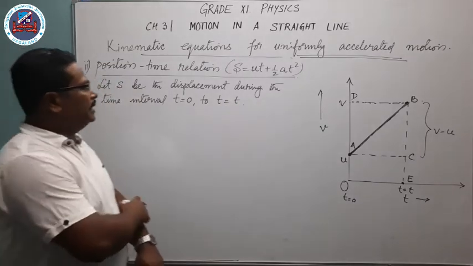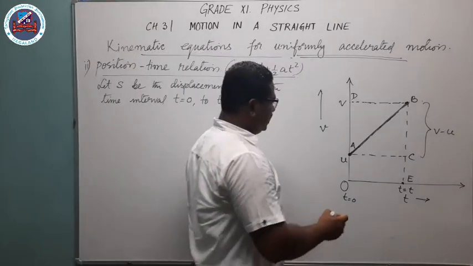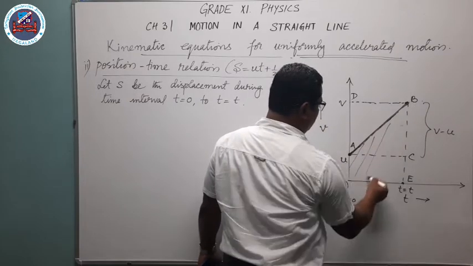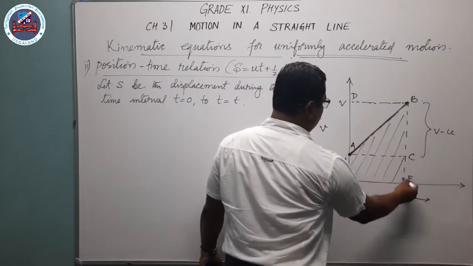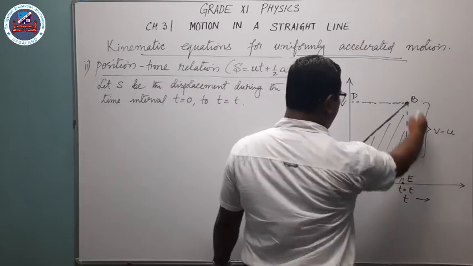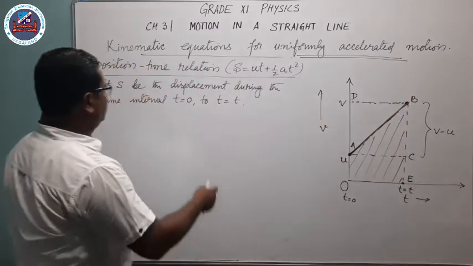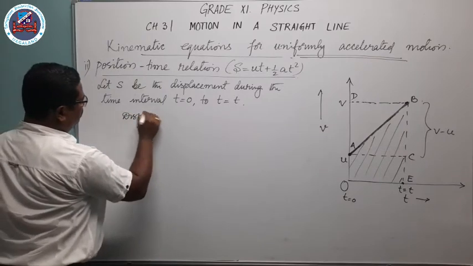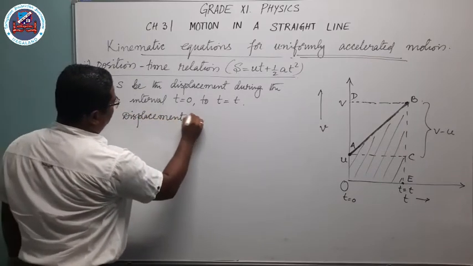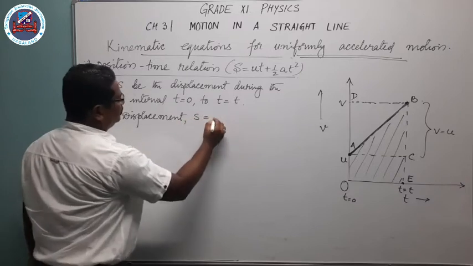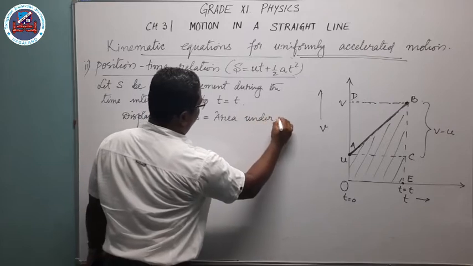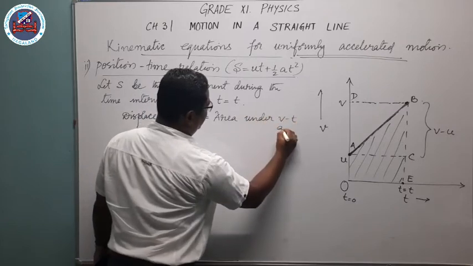Now, as we discussed earlier, to get the displacement, the area under this velocity time graph, the area underneath is this one. This is your area AOEB. That will give us the displacement. Displacement S is equal to area under the velocity time graph.